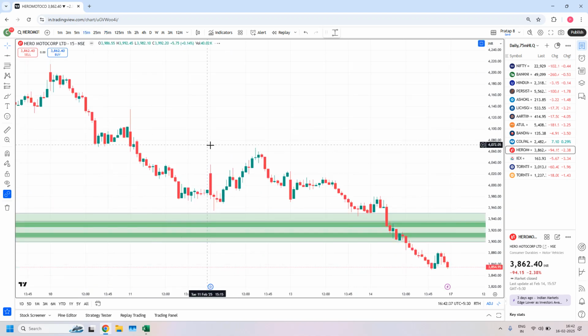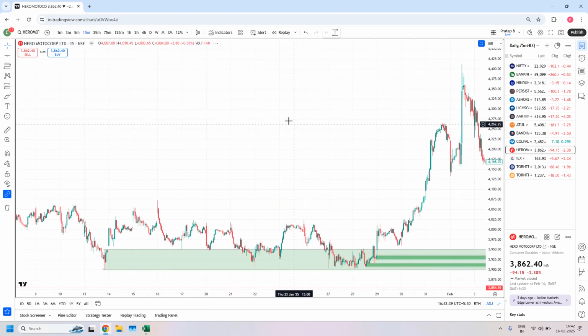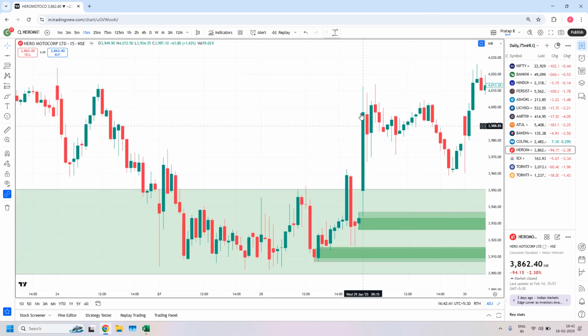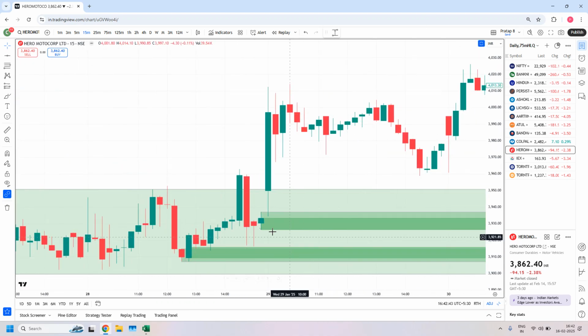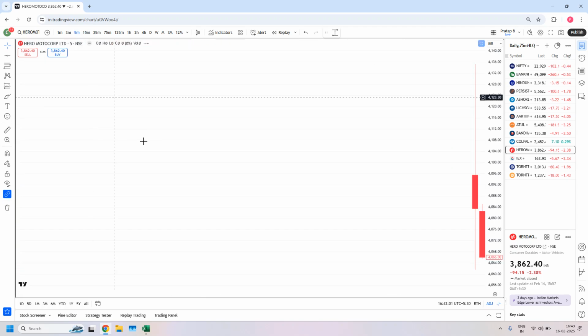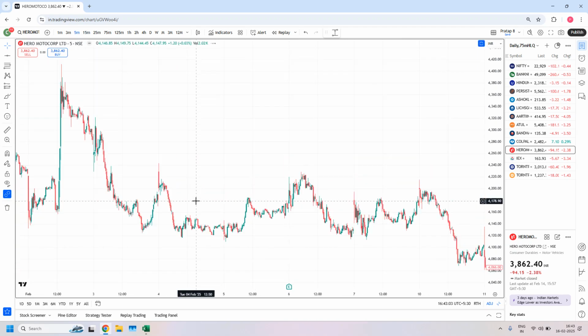Let me show you. See here, we have a drop base rally. And again we have a failed ERC rally, base rally. This is a dynamic view, rally base rally. Both the 15 minute zones are fine tuned with the 5 minutes time frame.